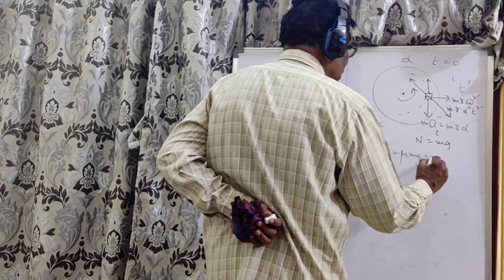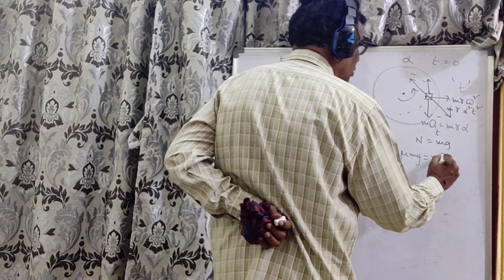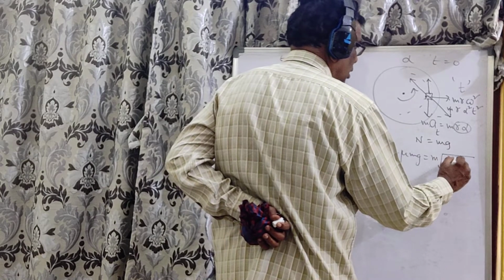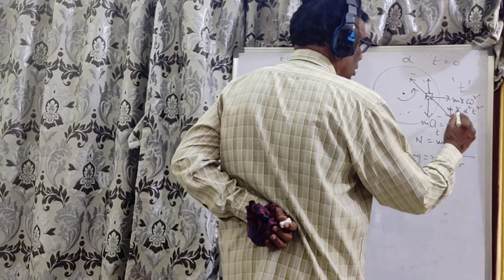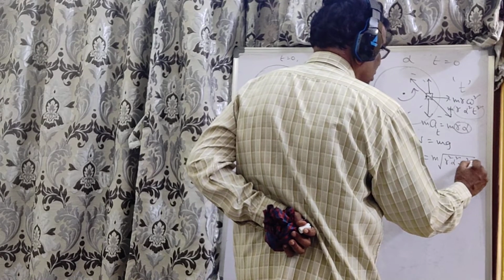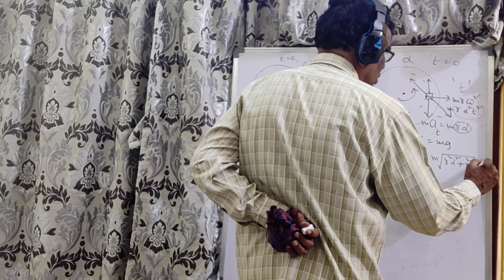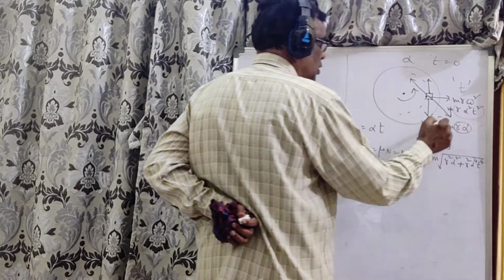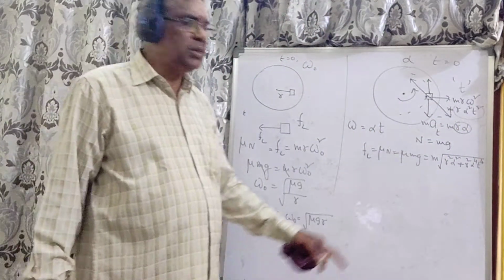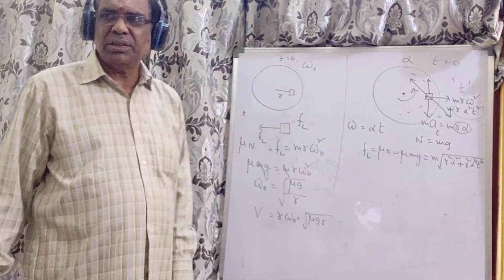This square plus this square, m into root of r squared alpha squared plus r squared alpha to the power 4 t to the power 4. Because these two are perpendicular, the resultant force magnitude is the square root of the sum of the squares of the two.